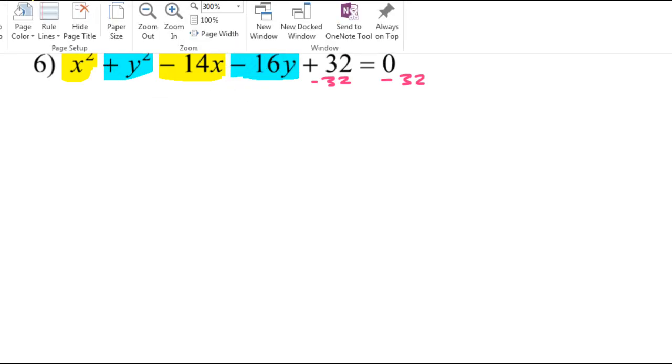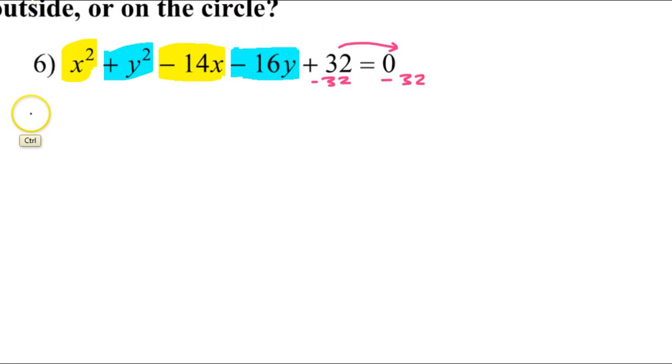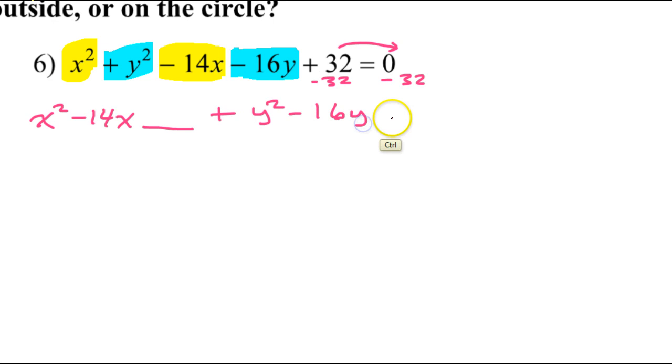So when I recopy the equation, I'm going to write x squared minus 14x. I'm going to leave a space to complete the square, plus y squared minus 16y, leave a space to complete the square, is equal to negative 32.